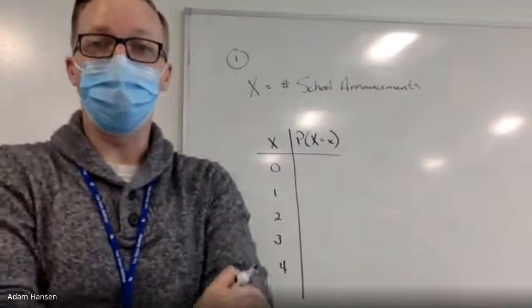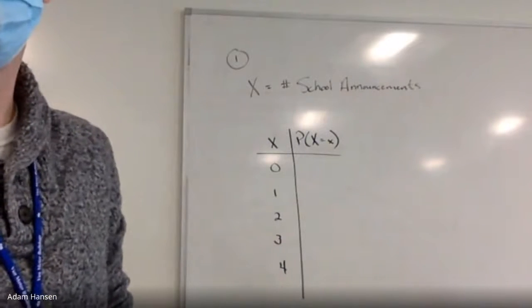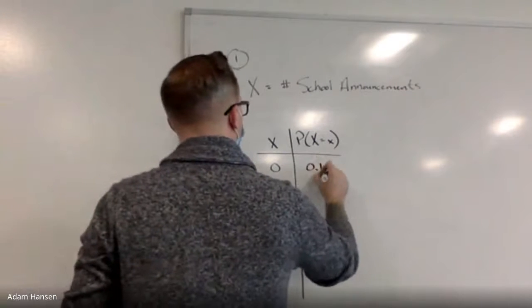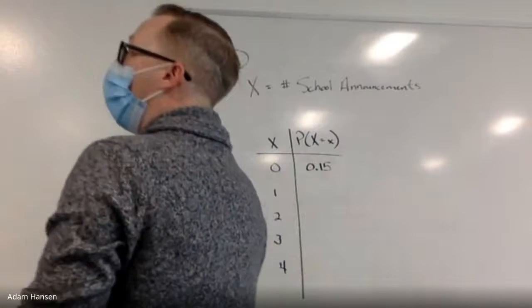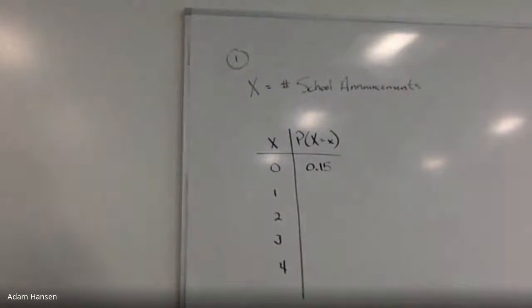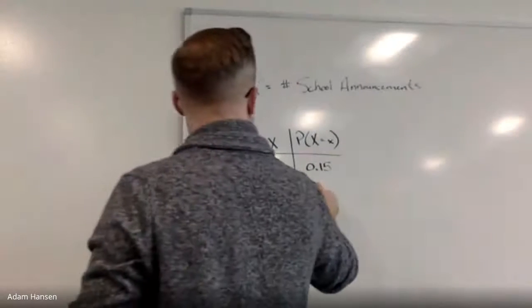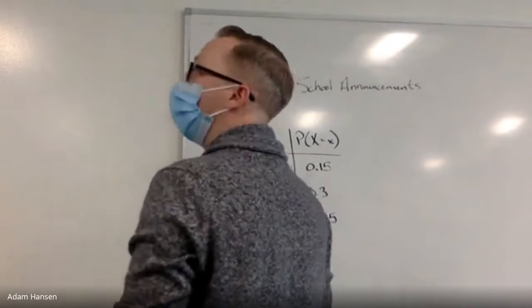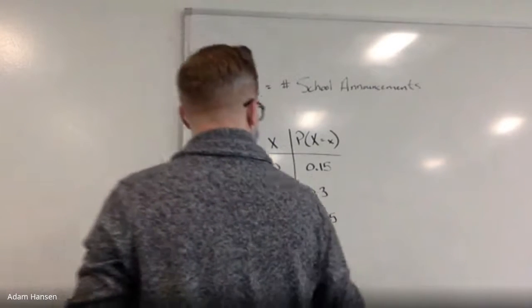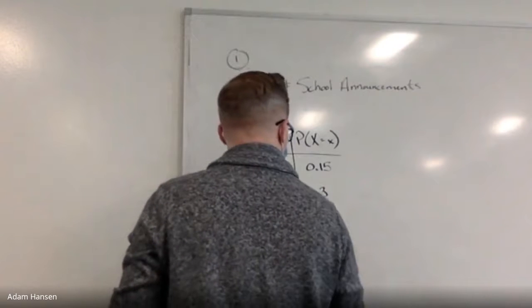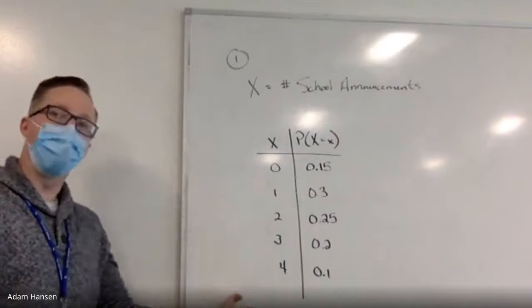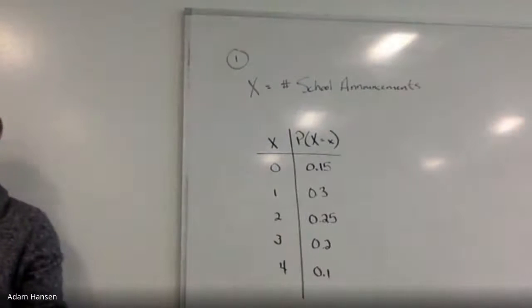What's the percent chance that they had no announcements? 15%. That's going to go right here. 1 announcement, 30%. 2 announcements would be 25%. 3 and 4 is 20 and 10%. There is our distribution table, our probability distribution for this random experiment.